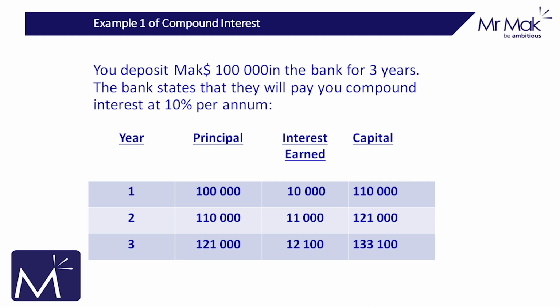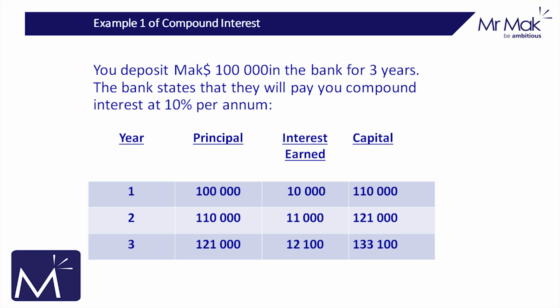$110,000, resulting in interest earned in the second year being $11,000 and the closing capital amount at the end of year 2 being $121,000. At the end of year 2, the amount is carried over as the opening principal in year 3.